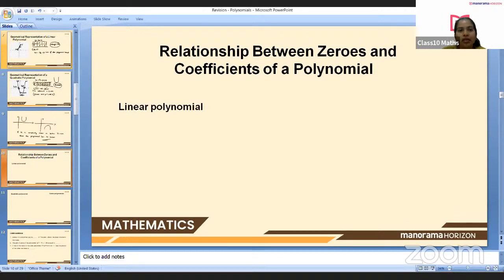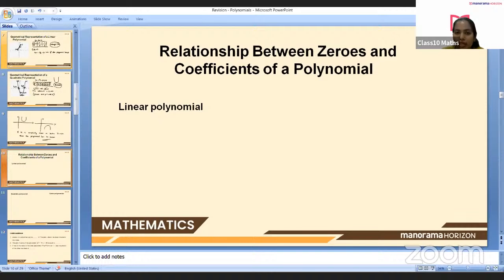For representing a linear polynomial, just take only 2 points. Take x equal to 0 and 1, put the values of x in this equation, and we get the corresponding values of y.